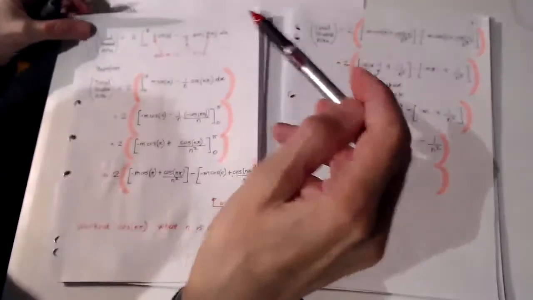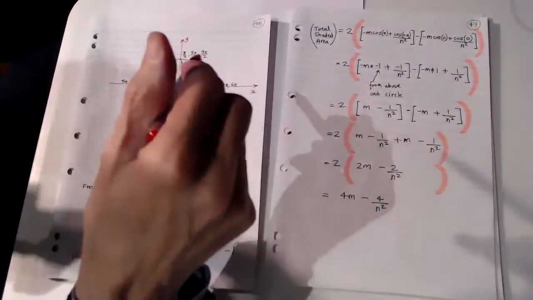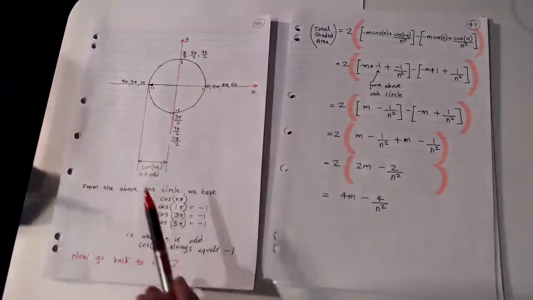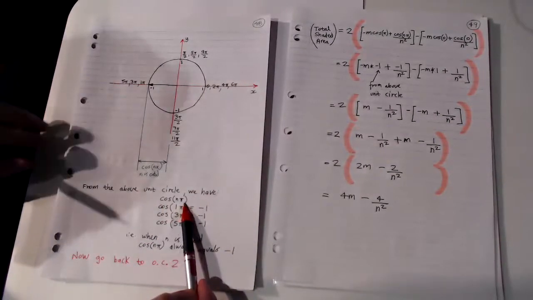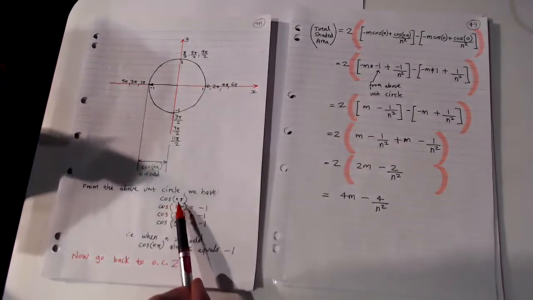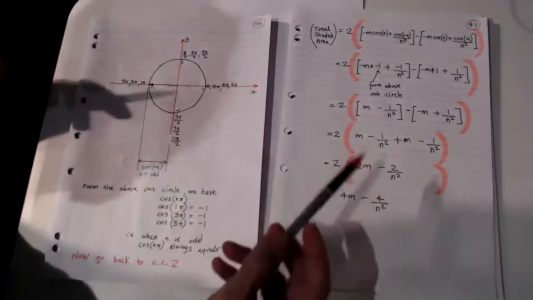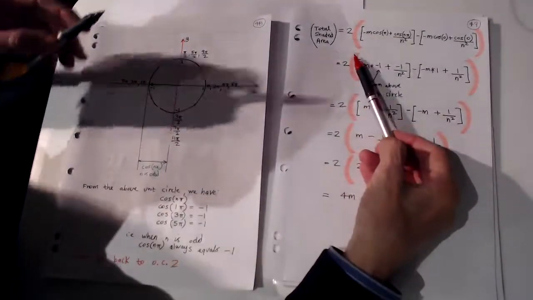Now we know from the considerations on the unit circle that for cos n pi, when n is odd, cos n pi is always equal to -1. So by knowing that, we can continue on with the calculation.